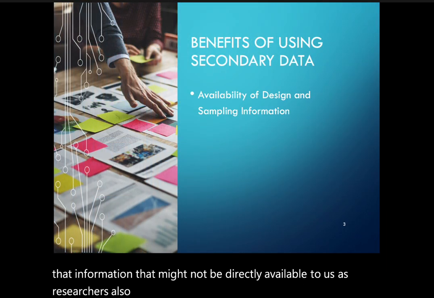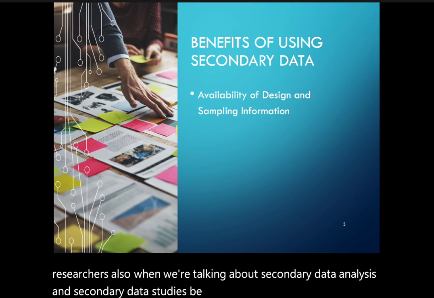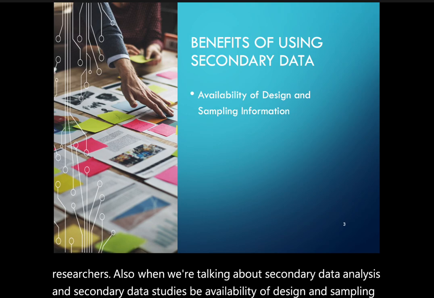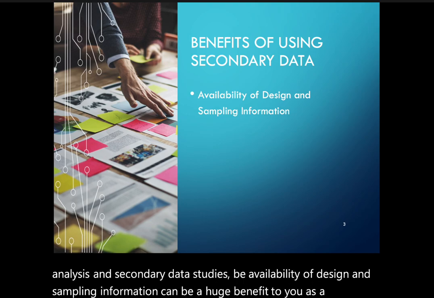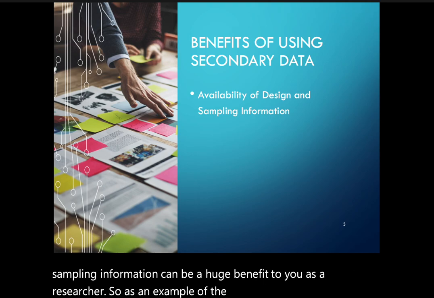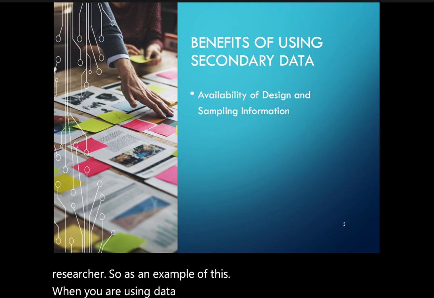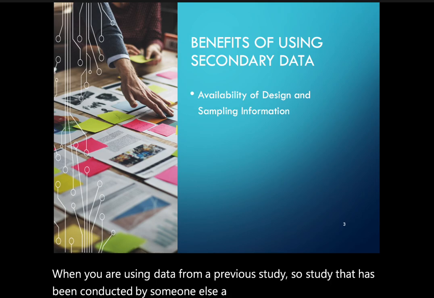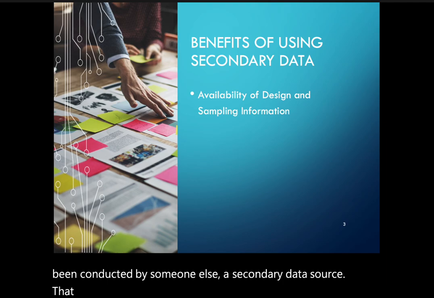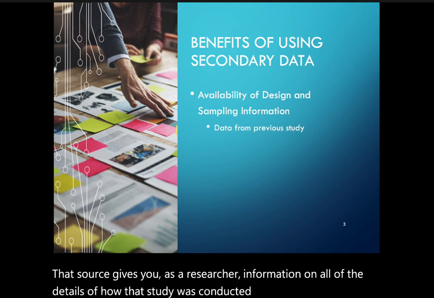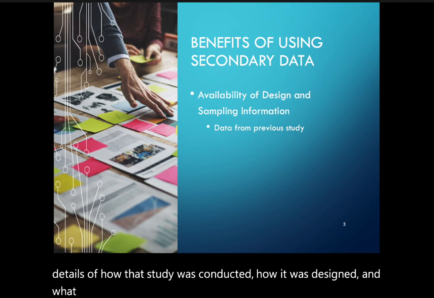Also, when we're talking about secondary data analysis and secondary data studies, the availability of design and sampling information can be a huge benefit to you as a researcher. So, as an example of this, when you are using data from a previous study, so a study that has been conducted by someone else, a secondary data source, that source gives you as a researcher information on all of the details of how that study was conducted, how it was designed, and what type of data was used in that study.